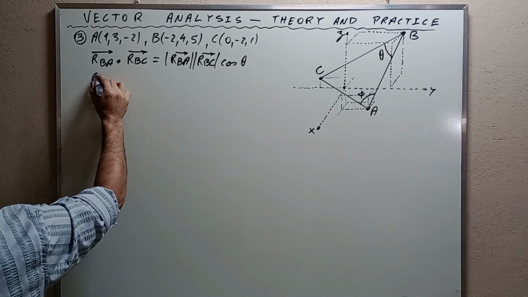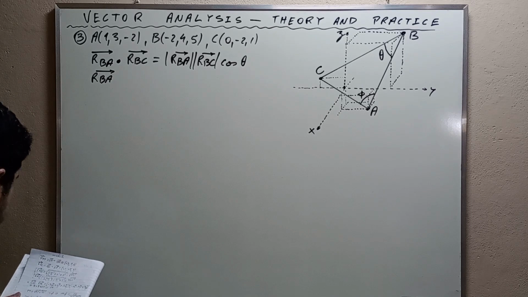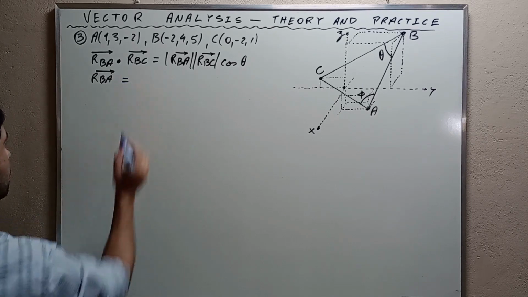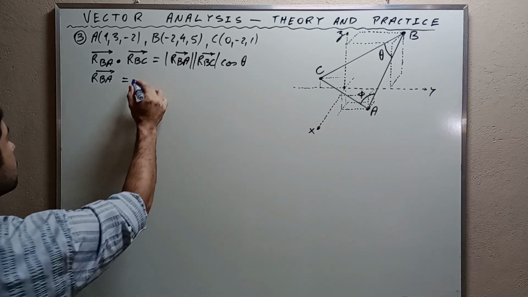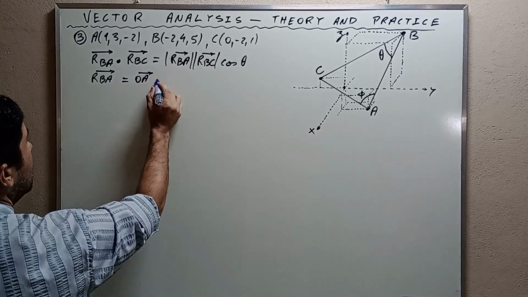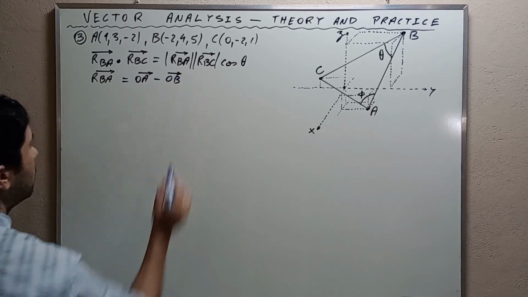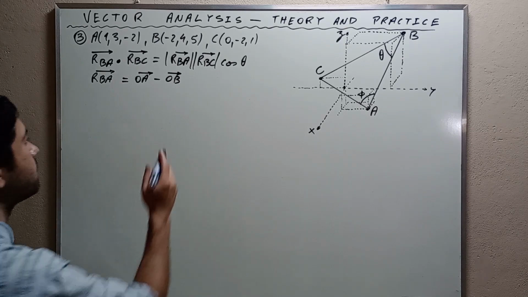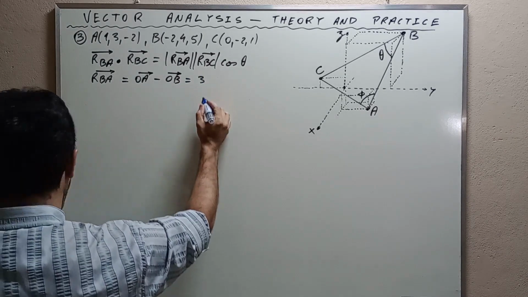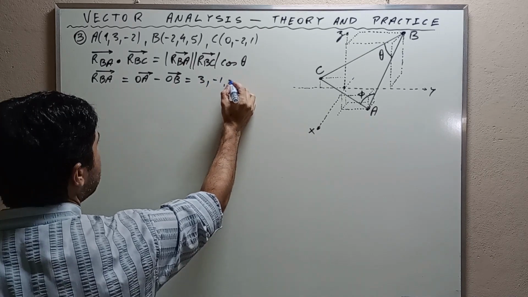As we did before, R_BA can be understood as the vector from the origin to A minus the vector from the origin to B. And if we compute, we find 3, -1 and -7.